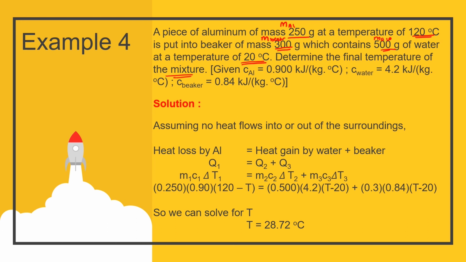Okay, so kat sini dia ada berlaku. Apa yang berlaku? So kita ada beaker kat sini. So this beaker M dia adalah 300 gram. And then dia ada H2O. So this H2O dia punya mass adalah 500 gram. And then dia bagi T untuk kedua-dua ni adalah 20 degree Celsius. So ni adalah T initial untuk H2O.